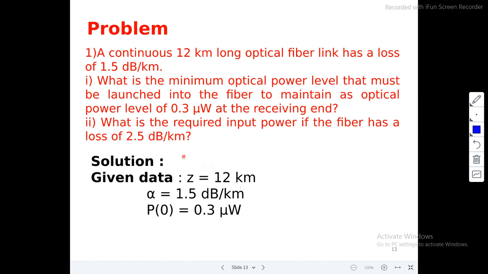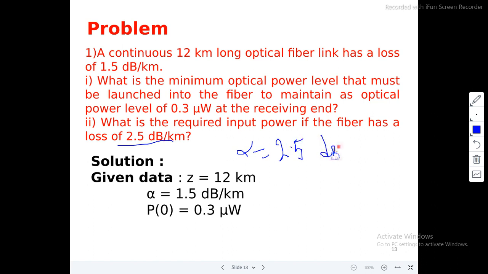Now do the same in the same problem. What is the second one? What is the required input power if the fiber has a loss of 2.25 dB? So given that, what is the given condition? Here the alpha is different. What is the alpha? Alpha is 2.5 dB per kilometer.